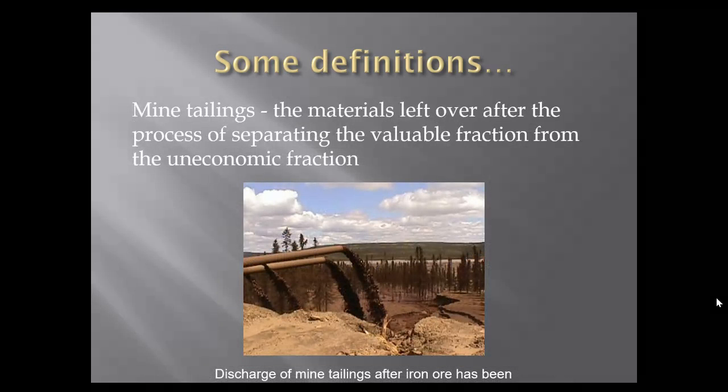The tailings, that's after some processing has occurred. So the valuable part that they're going after has been separated from the uneconomic part, just the rock that is useless. And those mine tailings, along with the spoils, have to be dumped somewhere.